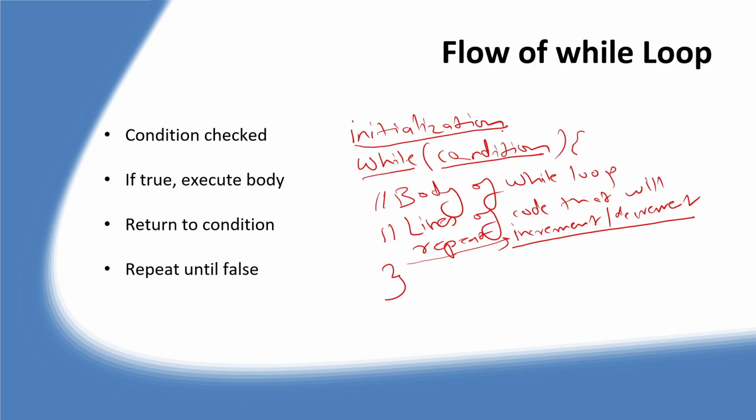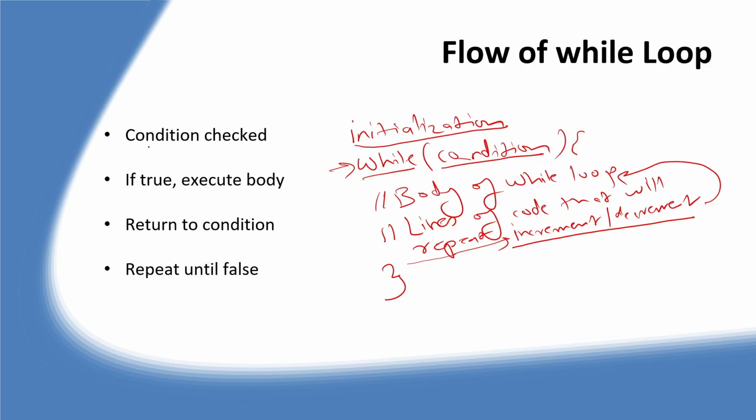Initialization will happen before the while loop, the condition will be present with the while loop, and increment or decrement will happen inside the body of the loop. So these are the three components. So let's check the flow of while loop.